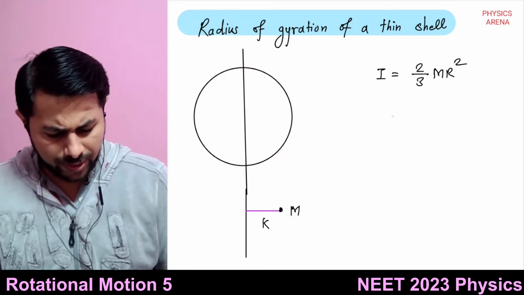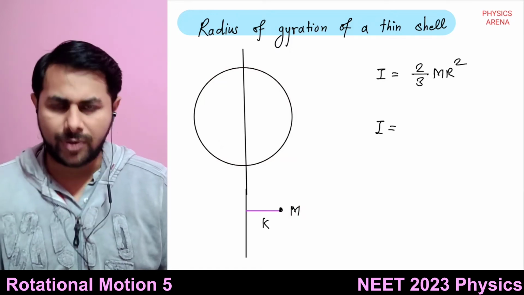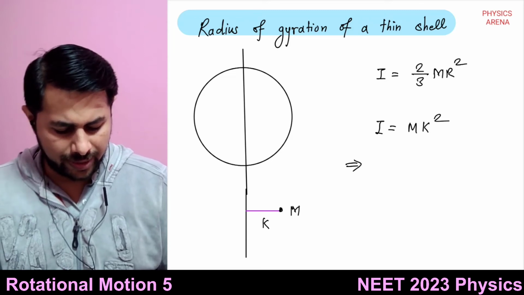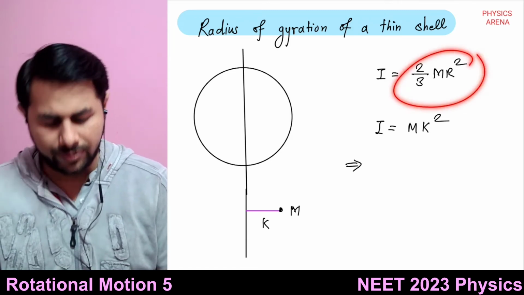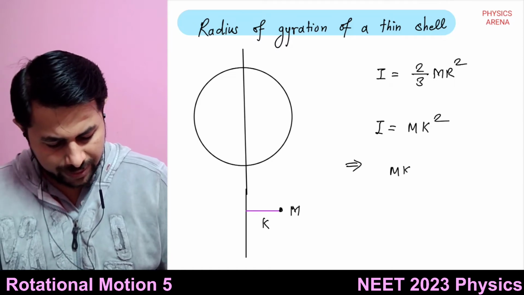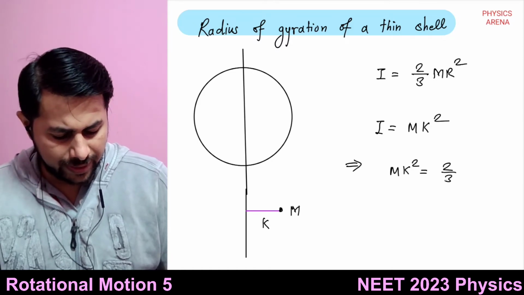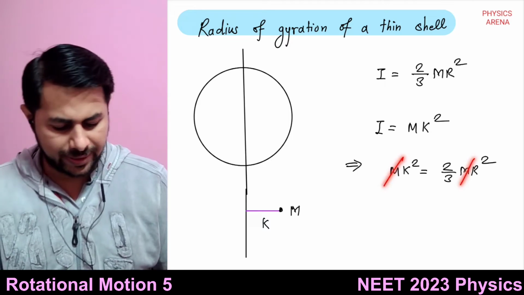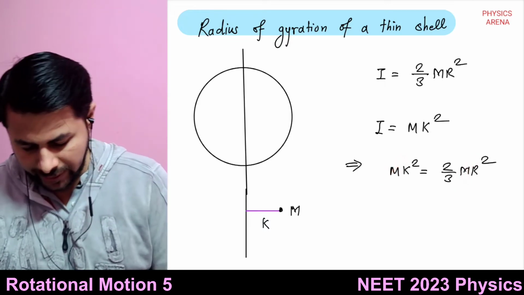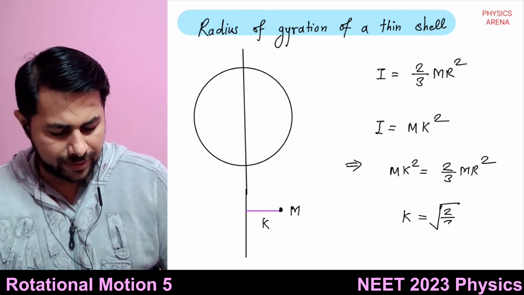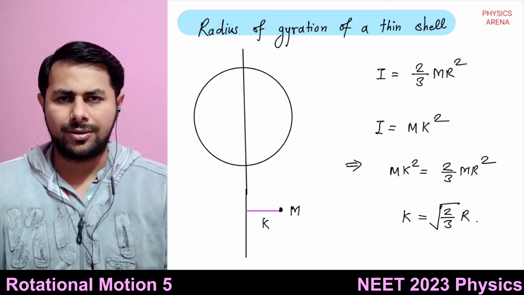Again, for this point mass, I is equal to mk square, and therefore mk square is equal to 2 by 3 mr square. So m and m get cancelled. So what is the value of k? k is equal to root 2 by 3 r.